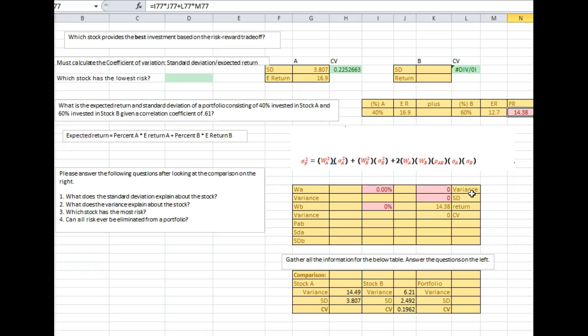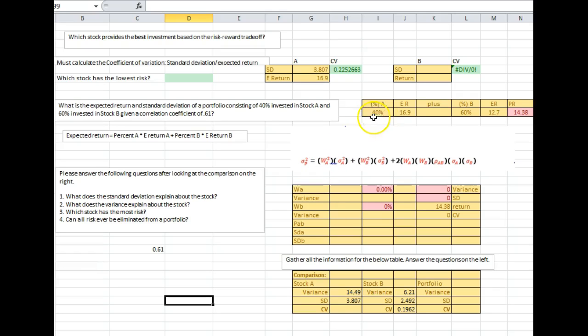is the standard deviation. We've already got the return, standard deviation, and then the coefficient of variation. This one also gave us the correlation of 0.61, I do believe. Yes. So what we have to do is follow this formula. Now, WA squared is actually the weight.